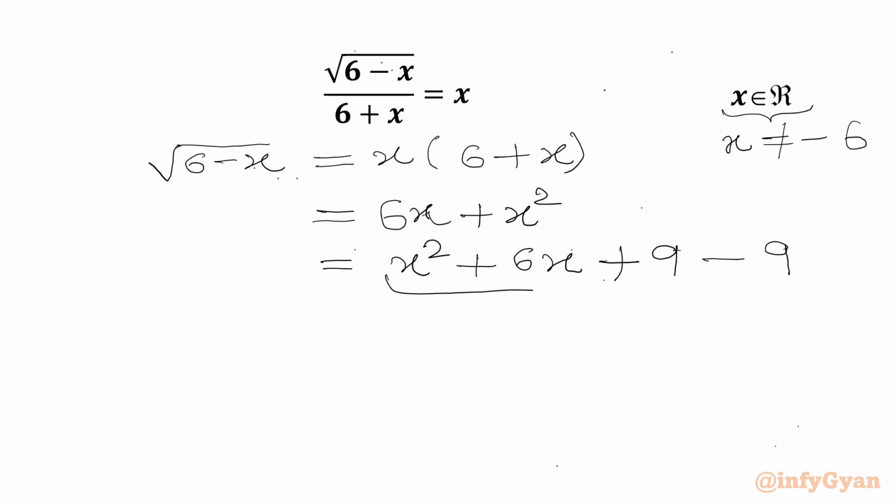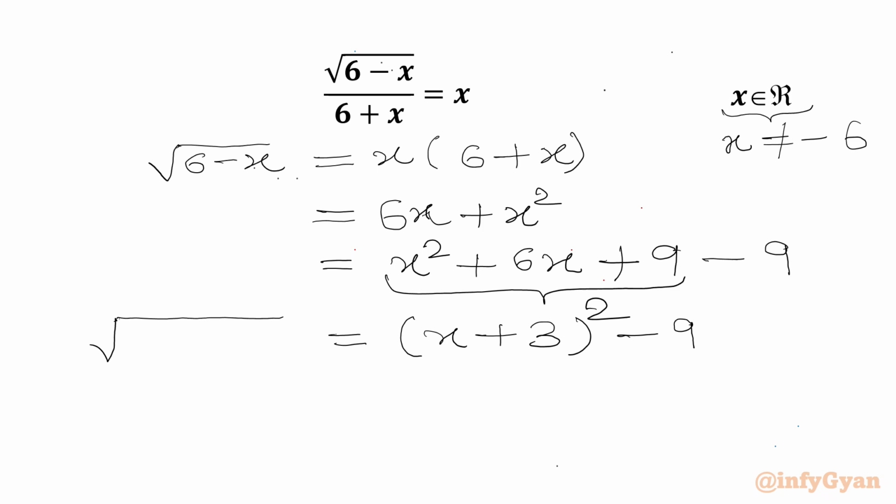Now from the first three terms we will be getting one perfect square of x plus 3 minus 9. Now in LHS I will write 6 minus x as 9 minus x plus 3. So 9 minus x minus 3, which will give us 6 minus x in the radicand.